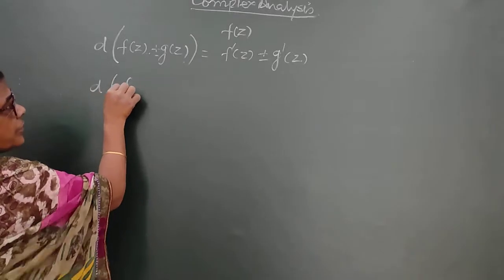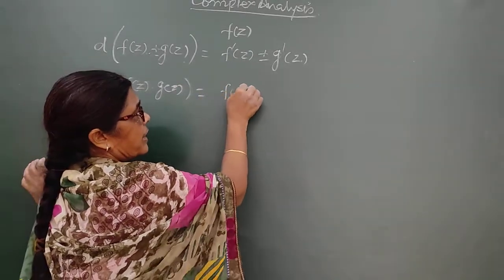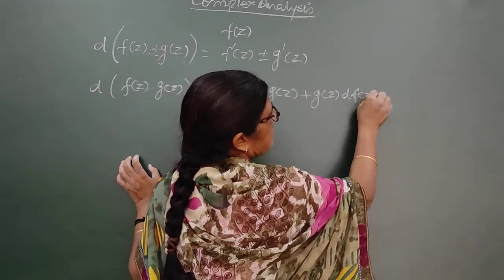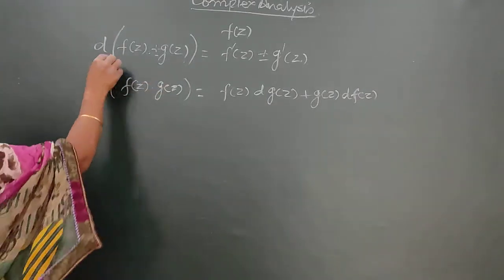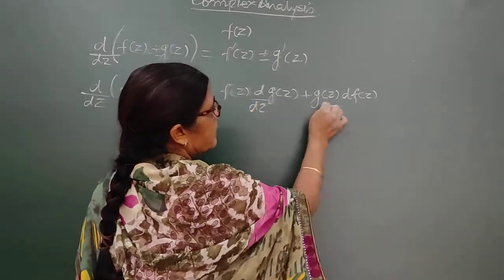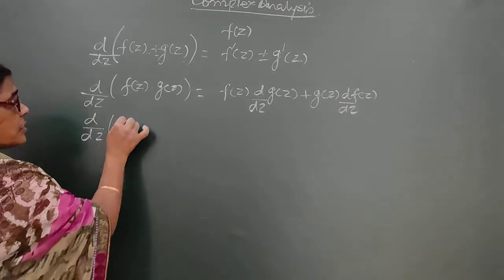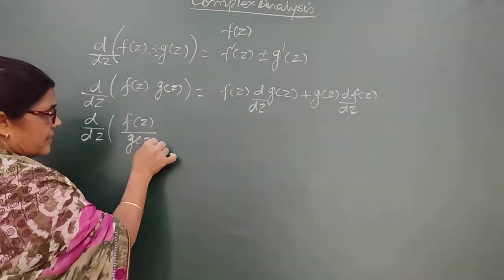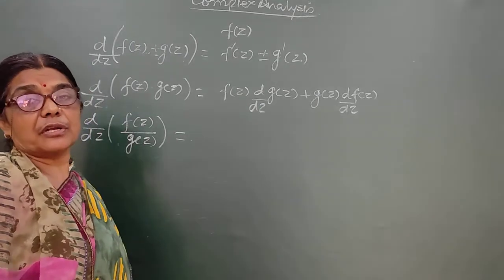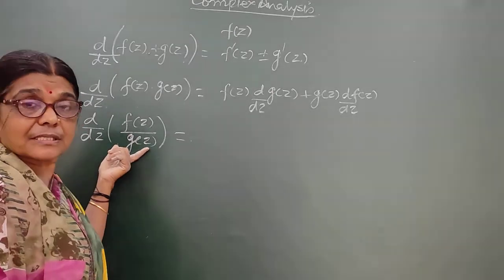Similarly, the differential coefficient of the product of two functions is the first function into the differentiation of the second function plus the second function into the differentiation of the first function. Of course, here the variable is z, therefore we are differentiating with respect to z. Similarly, for the quotient of functions the rule is the same: the denominator function into the differentiation of the numerator minus the numerator into the differentiation of the denominator, over the square of the denominator function.